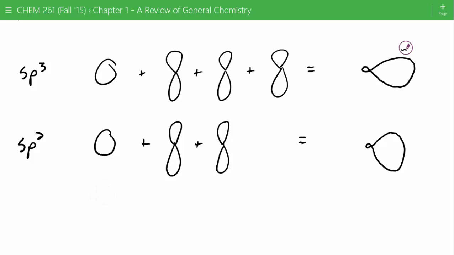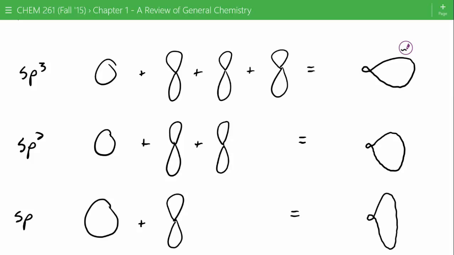And then if we go down to sp, you've got one s orbital and one p orbital. And these get super oblong. I'm not the best at doing art here. So in this case, this one has the longest.